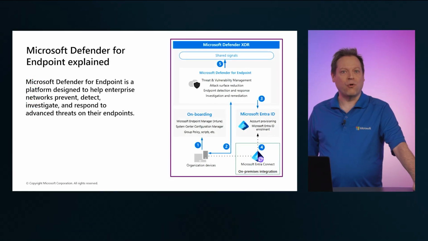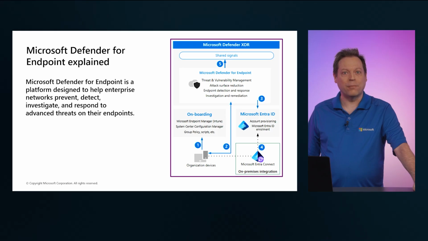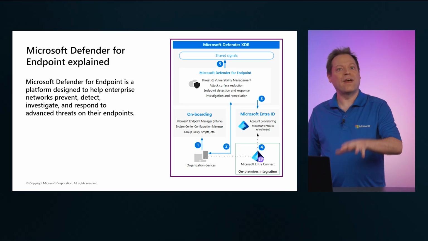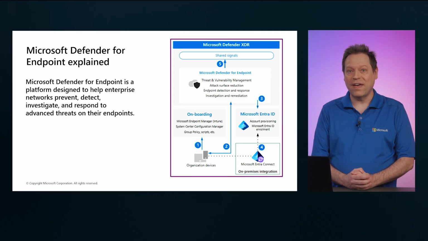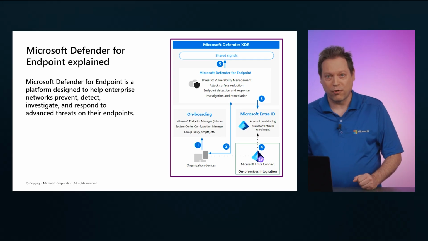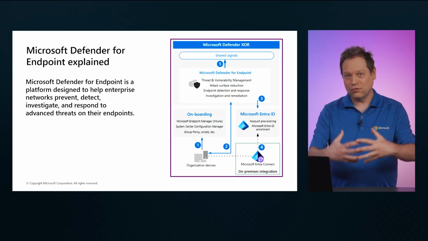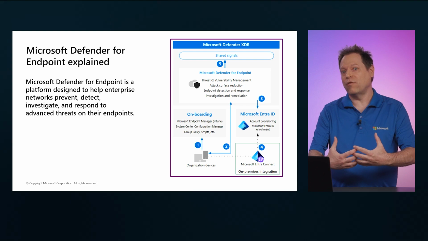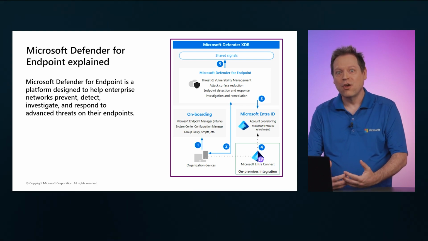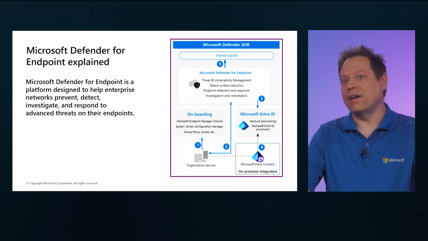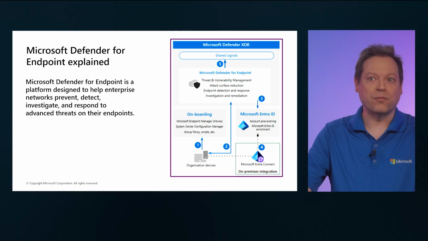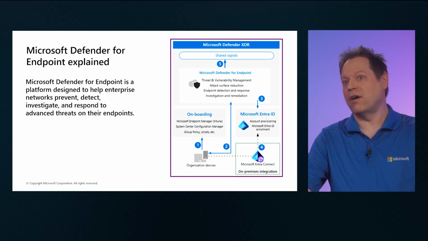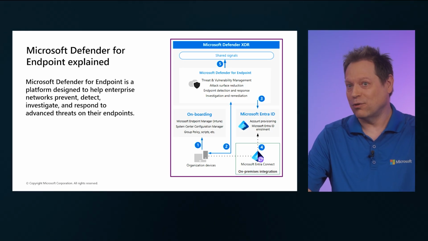Microsoft Defender for Endpoint is a platform designed to help enterprise networks prevent, detect, investigate, and respond to advanced threats on their endpoints. The flow starts with onboarding. Devices are brought into the service through one of the supported management tools. Once onboarded, those devices begin providing signal, and they can also receive response instructions through Microsoft Defender for Endpoint signal data.